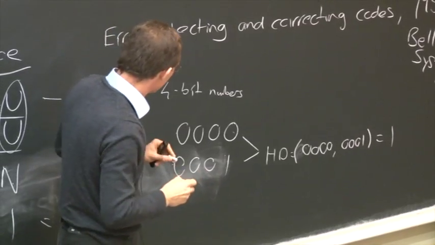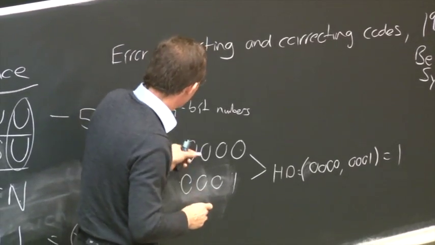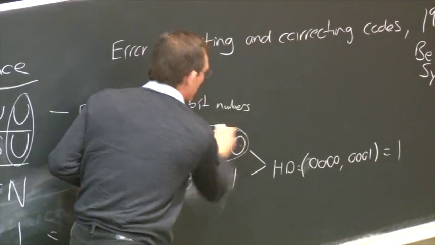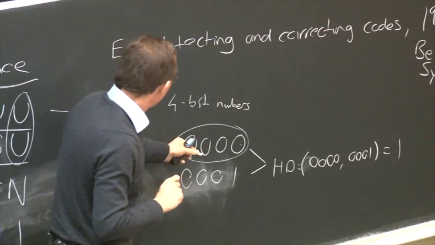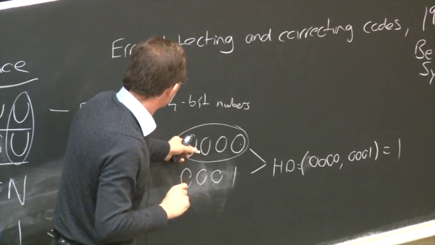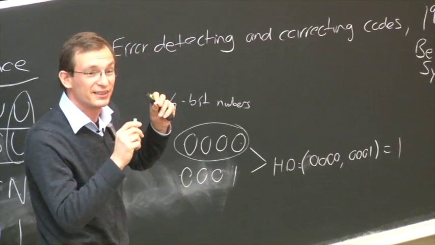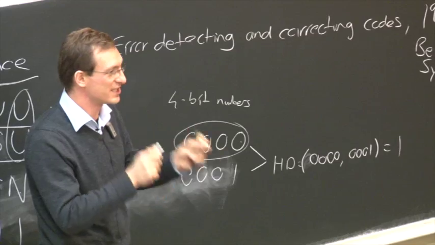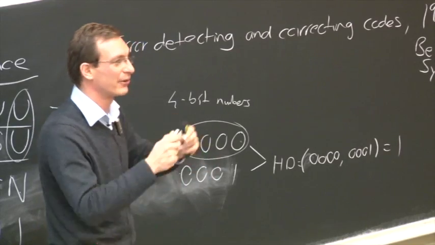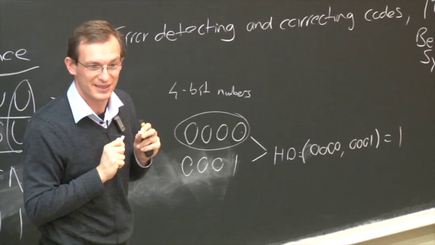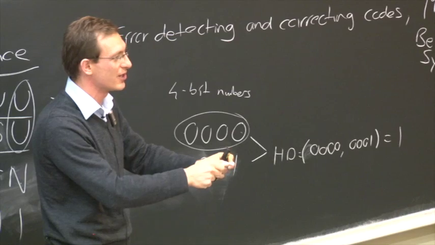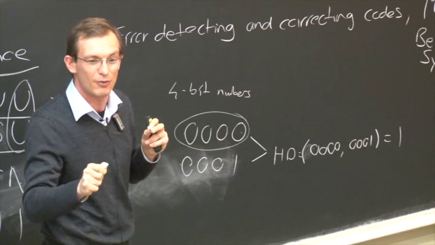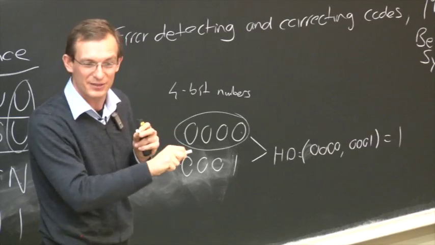Why is this interesting? Well, let's say you have a value that's stored in a memory location. Normally, if there is no error, the Hamming distance should be 0 between itself and the erroneous part of the value. But if there is one error that happens, you have stored 0, 0, 0, 0, and later you read it 0, 0, 0, 1, the Hamming distance is 1 between them.